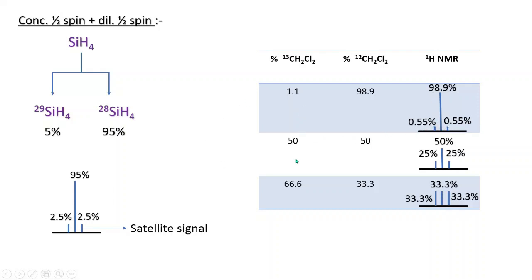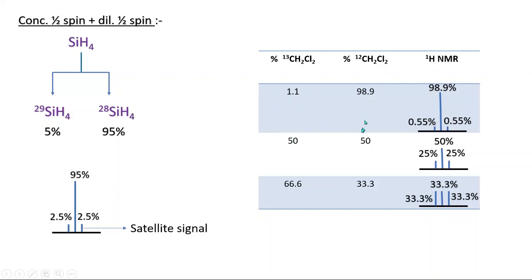Now come to the next, that is 50-50%. If my sample has 50% carbon 13 isotope dichloromethane and 50% carbon 12 dichloromethane, what will the percentages look like? We will do it similarly. If you understand this first example, then you will apply it accordingly.